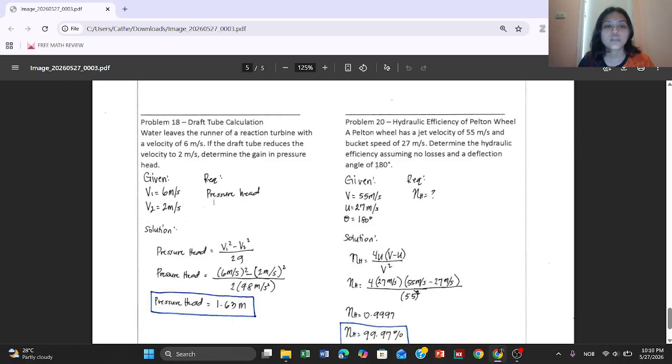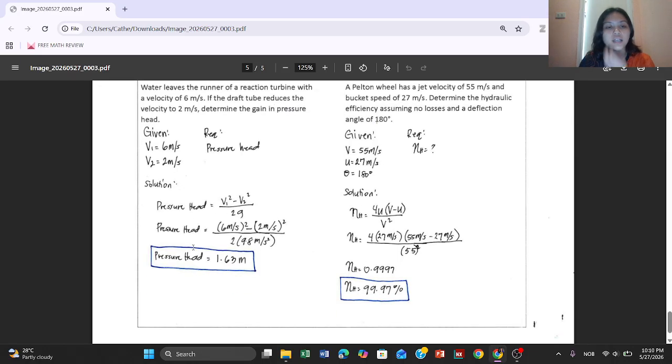The required is the pressure head. The formula is V1 squared minus V2 squared over 2g. So we have 6 meter per second squared minus 2 meter per second squared over 2 times 9.81 meter per second squared. So the pressure head will be 1.63 meters.